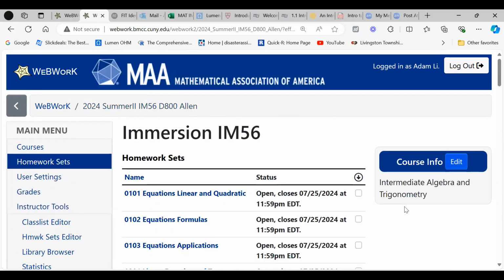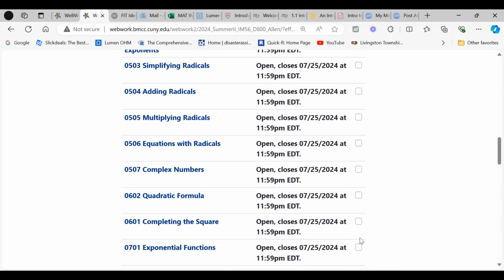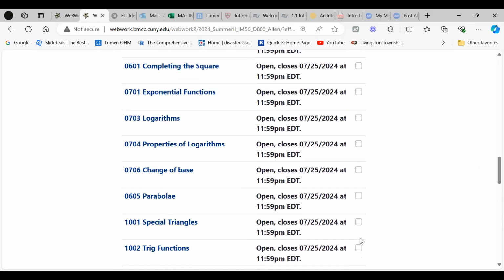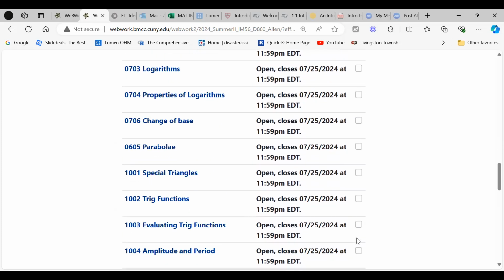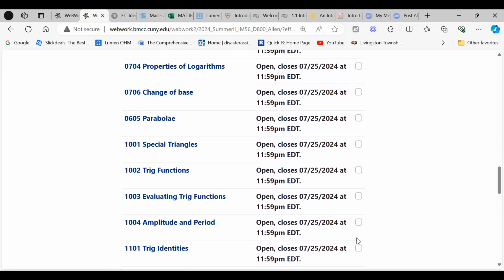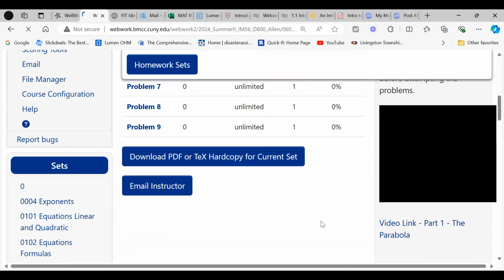And let's move on to section 6.5. So we're going to take a look at the problem and learn how to graph it here. Okay. So let's look at that.